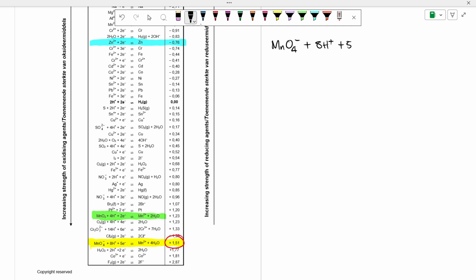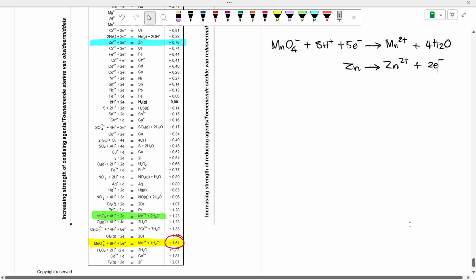If you didn't understand that, it is very important, just ask me. Then the one that is least positive is the one that is going to swap. So I'm going to swap the zinc to look the other way: zinc going to Zn2 plus plus 2 electrons. So now I have my 2 half reactions. Now I can answer the questions.